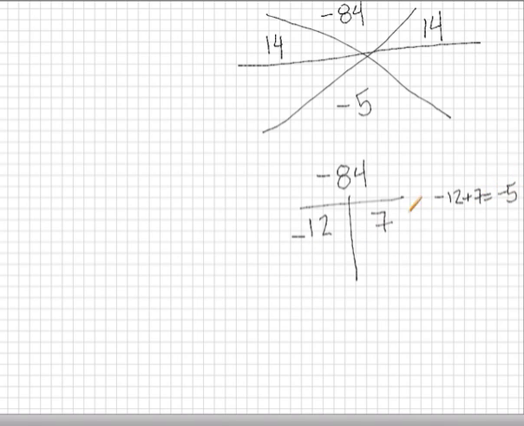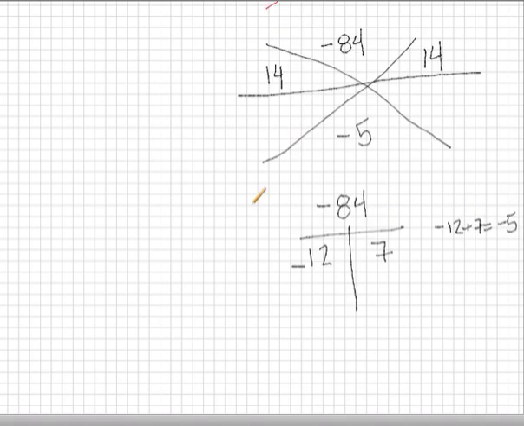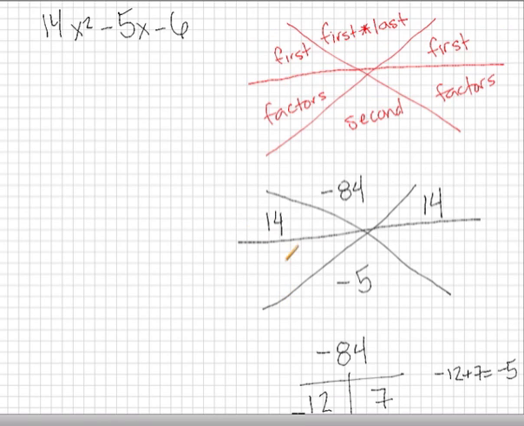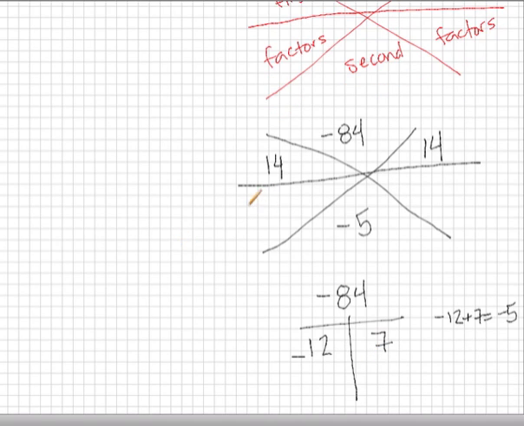So these are two terms that multiply to -84 and add to -5. So these are the terms that we're going to be placing in these triangles that are labeled factors. They are our factors. It doesn't really matter which side you place them on. I'm going to go ahead and put the -12 over here and the 7 over here.